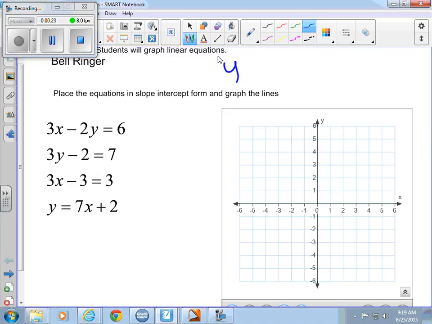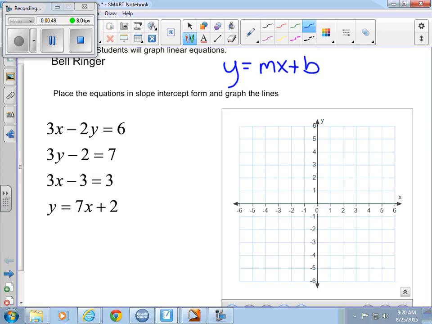Does anyone remember what those letters stand for? Good. B is the y-intercept, m is the slope. If I can put a line in that form, then it's a lot easier to graph. So that's why we want to be able to put lines in slope-intercept form. So that's the new stuff for the day.